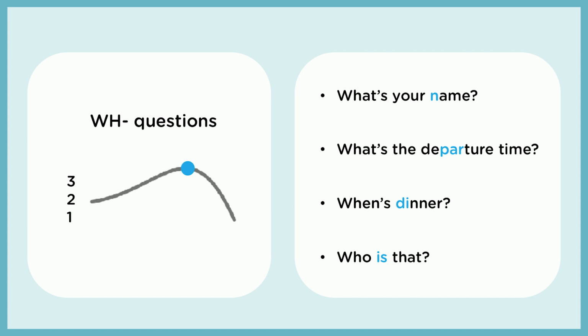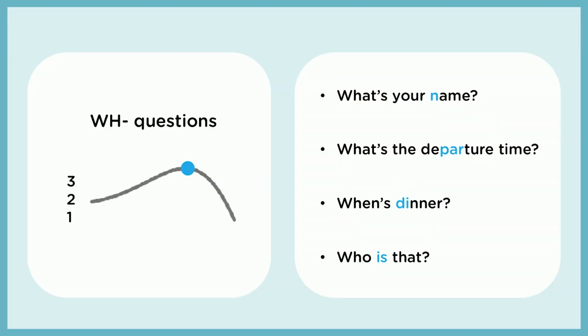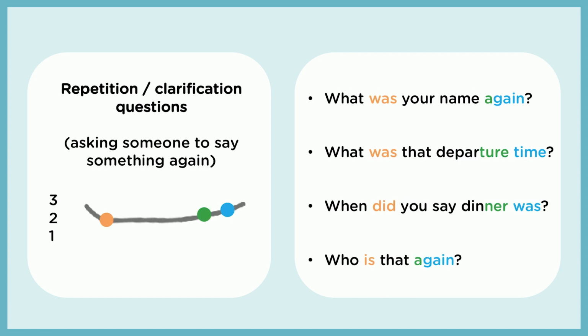Beautiful. When's dinner? Right, I remember that. Mom, when's dinner? I'm hungry. Yeah. And then we've got, who is that? So sometimes you can make the difference subtle. Who is that? Or you can make it even more extreme. Who is that? Got it. So that is the pattern for WH questions.